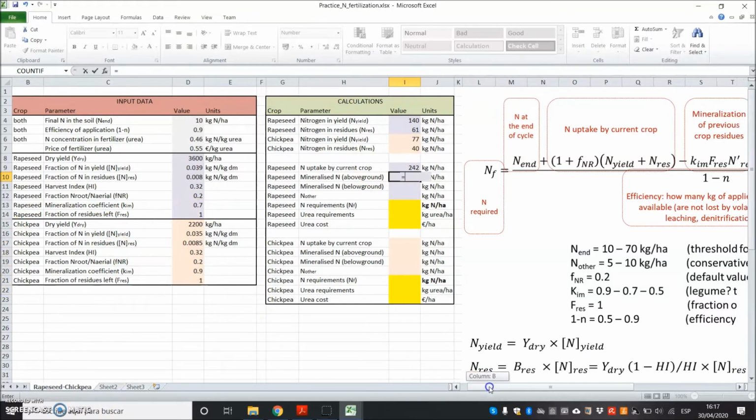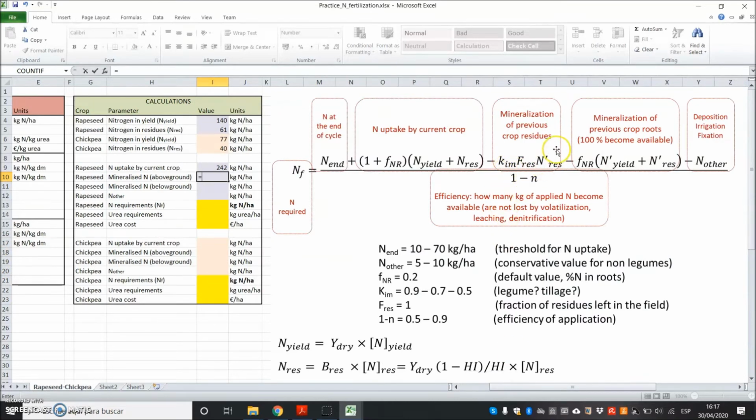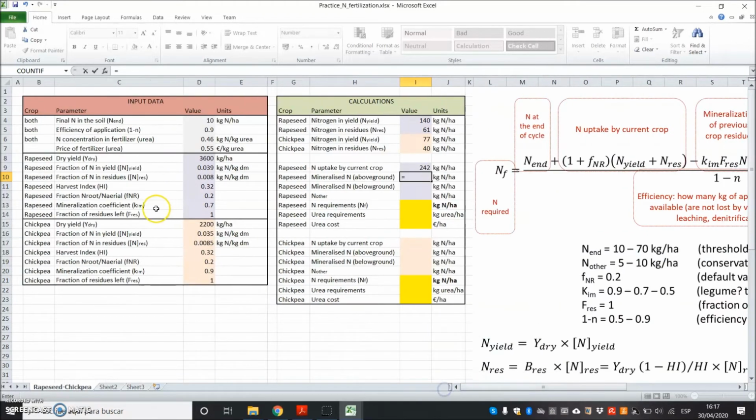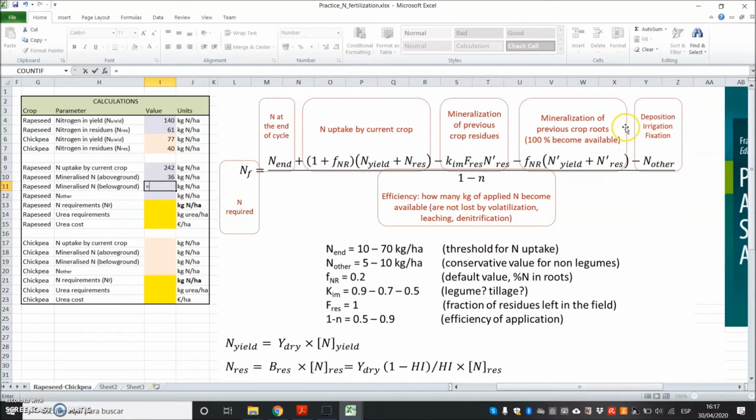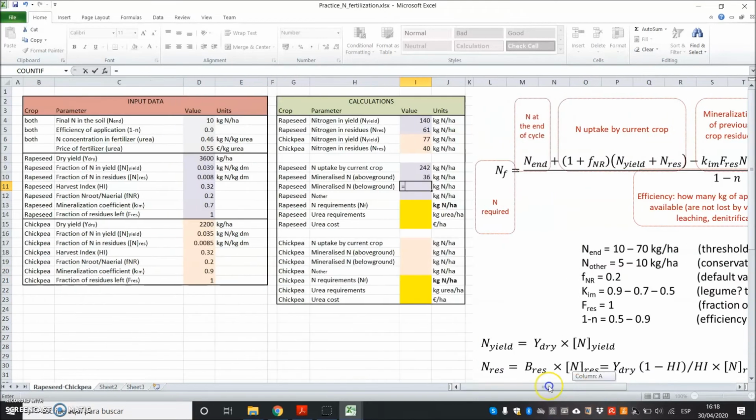And this will be calculated as the product of these three terms, which is the coefficient of mineralization of chickpea multiplied by the fraction of residues of chickpea left in the field and the nitrogen contained in the residues. For below ground is a matter of applying this other equation.